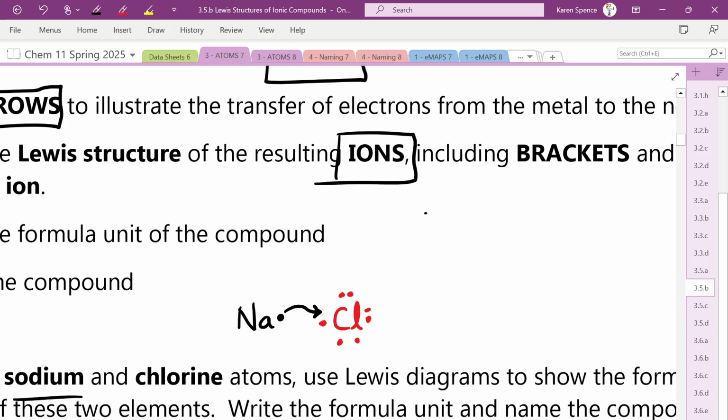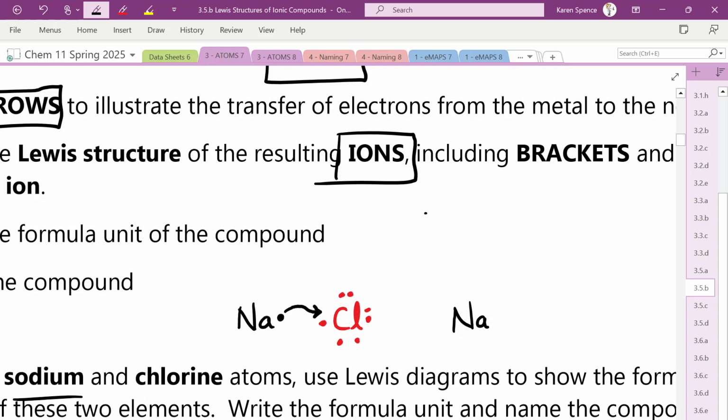And then we're going to write what comes next. It's AAI. I stands for ions. What do we do with sodium? First of all, how many electrons should be on sodium now? 0, because it just gave away its 1 electron, 1 valence electron, right?